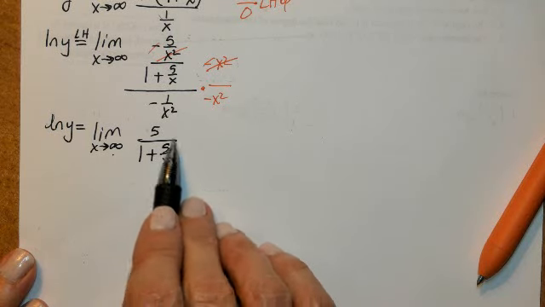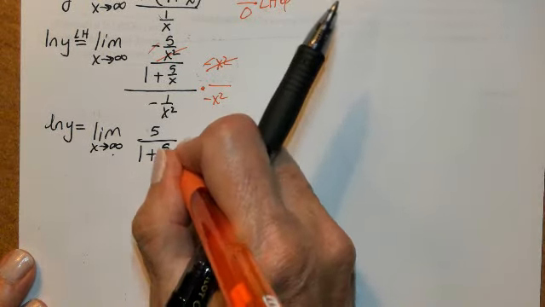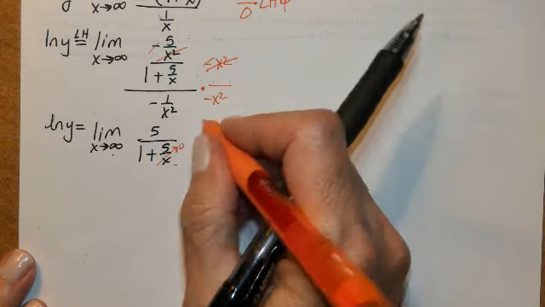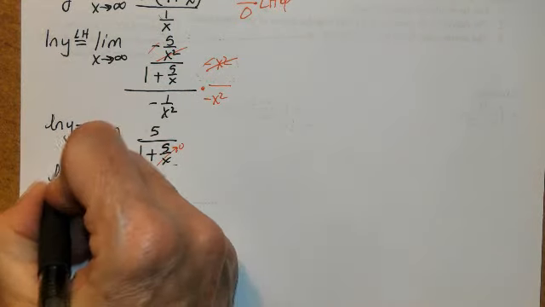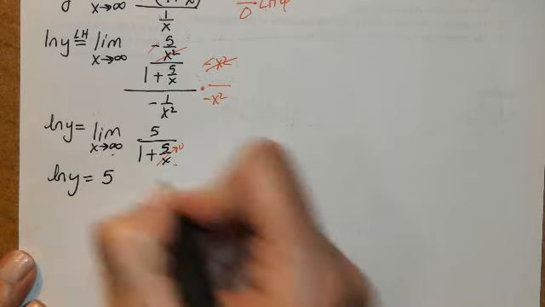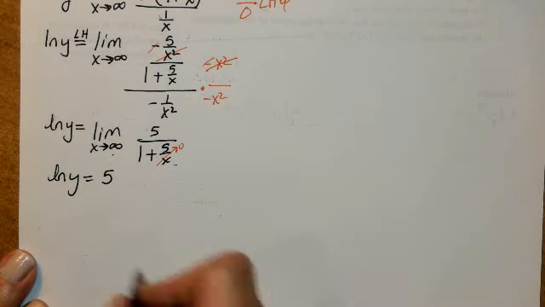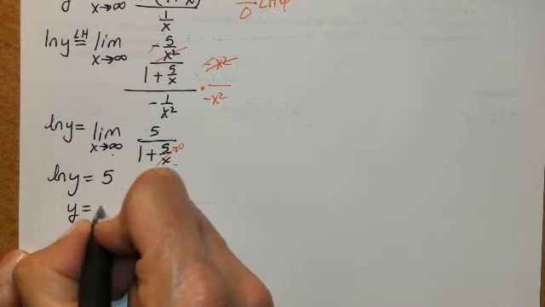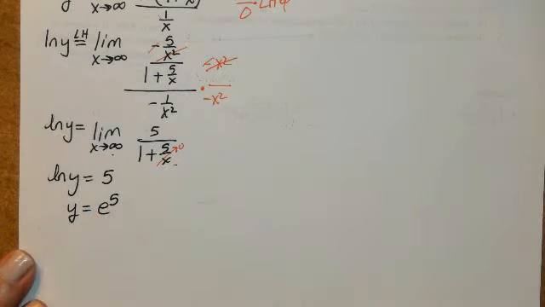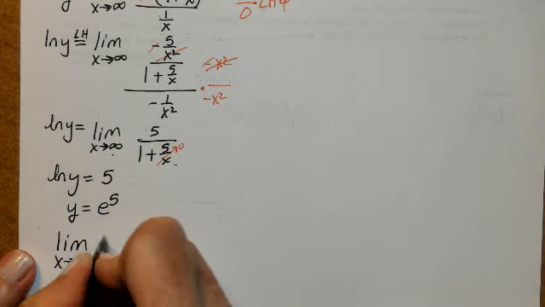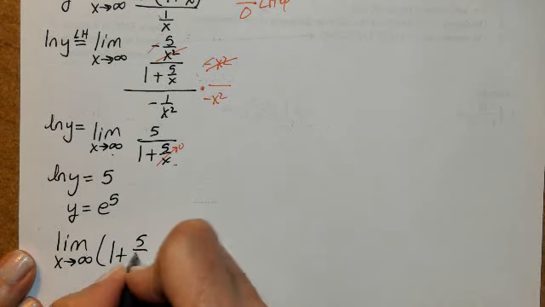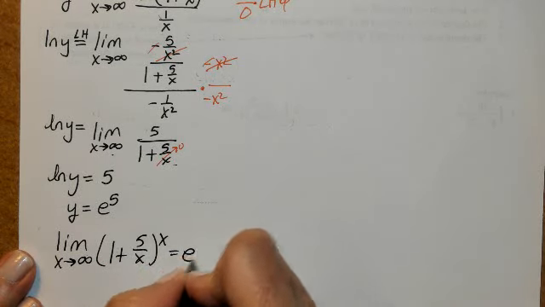This piece right here is going to 0. So we have 5 over 1. So ln of y is just 5. So e to both sides. So we showed that the limit as x goes to infinity of 1 plus 5 over x to the x is e to the 5th.